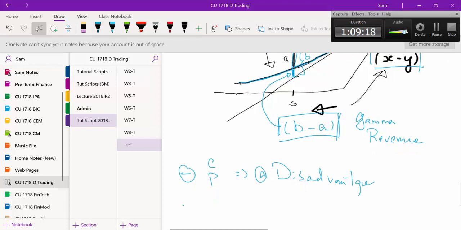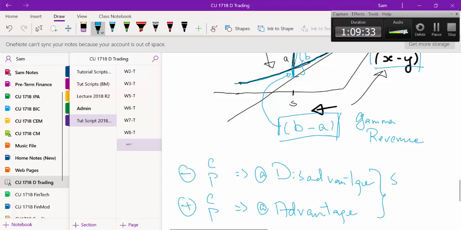And the person who is long the call or put will always be at an advantage. And they both know it. They know it, which is why the buyer has to compensate the seller.